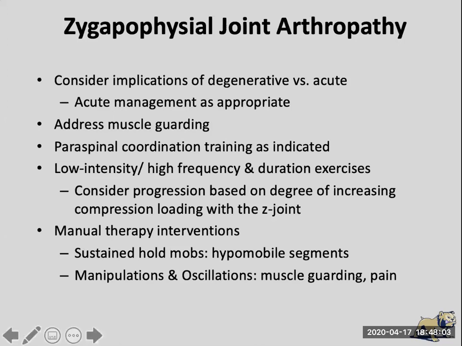And paraspinal coordination training. So if we're talking about an acute type presentation, we may or may not focus on this. Really, that comes down to testing, whether or not we identify that as an impairment. However, if we're talking about a chronic situation, we might be more likely to go into our coordination training and take that into functional training as well, especially if we find that impairment.